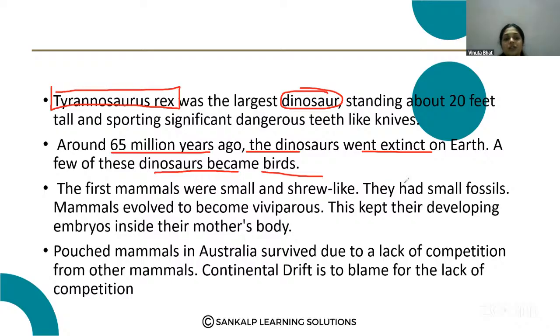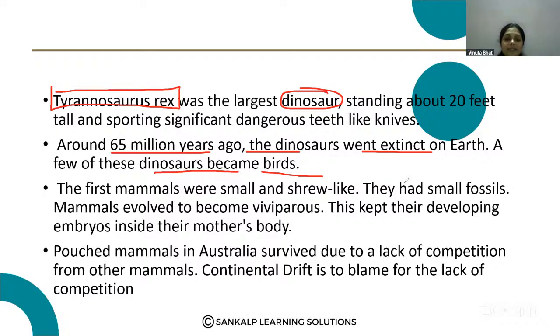Viviparous means which directly give birth to the young ones. Oviparous means which lay eggs. Egg-laying organisms are called oviparous, and those without eggs are called viviparous. So they kept their developing embryos inside their mother's body. In mammals, the developing embryo is present inside the mother's body.